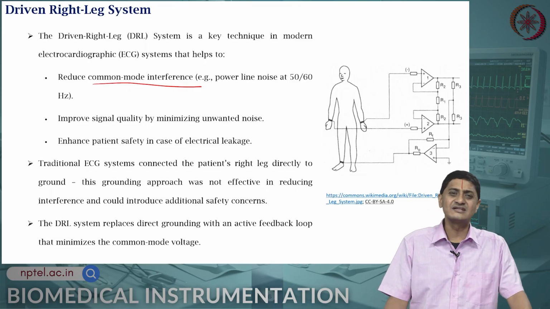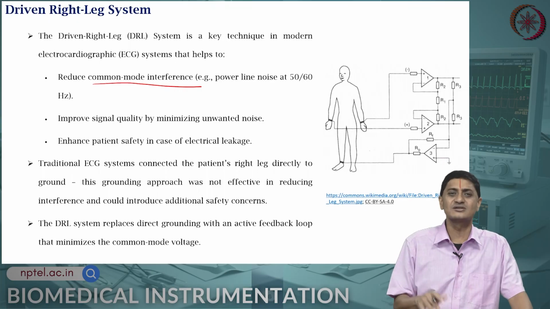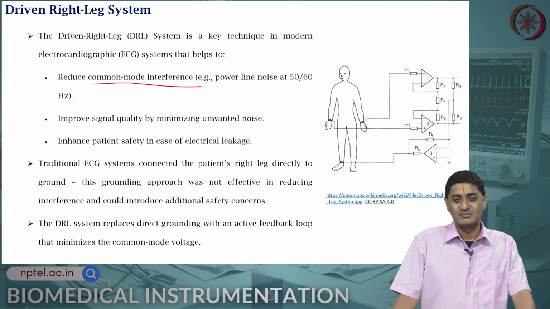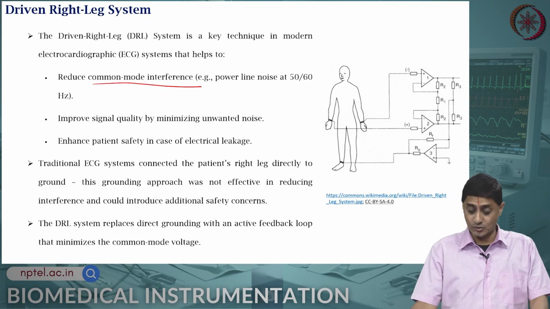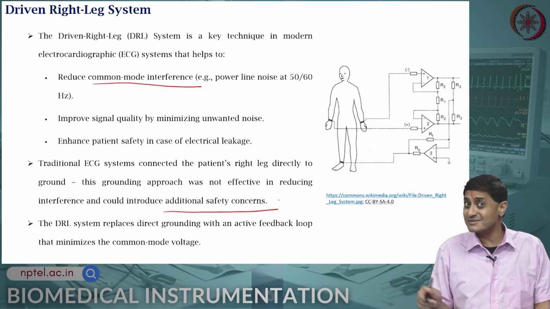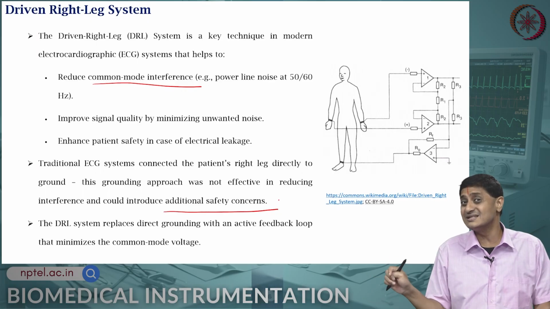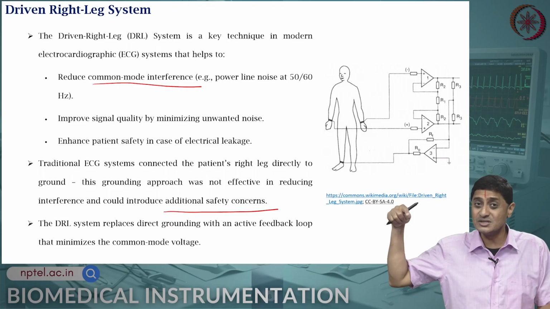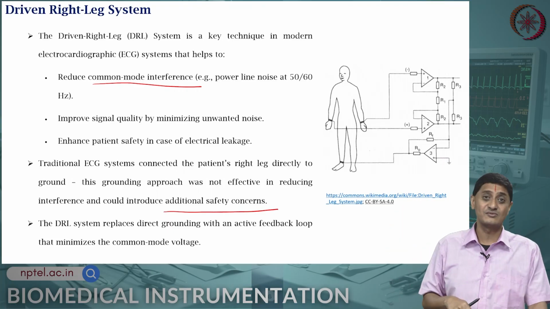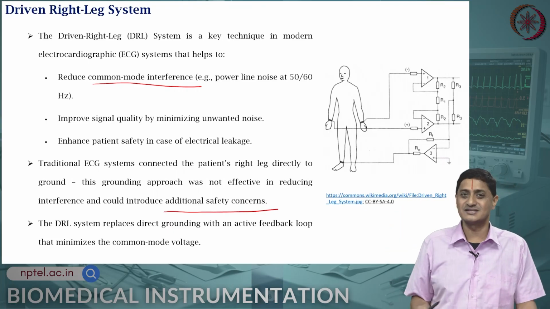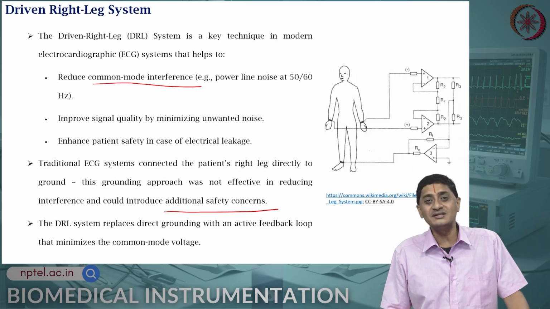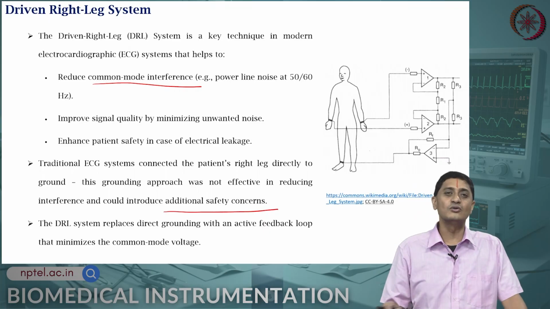The driven right leg system essentially avoids grounding, thus improving safety, because if you ground the patient, it could introduce additional safety concerns. If the patient is grounded and there is indeed a potential, then some current will flow through the patient, which can be dangerous in some cases. So, it is particularly desirable to not ground the right leg of the patient. That is what is achieved in this case.